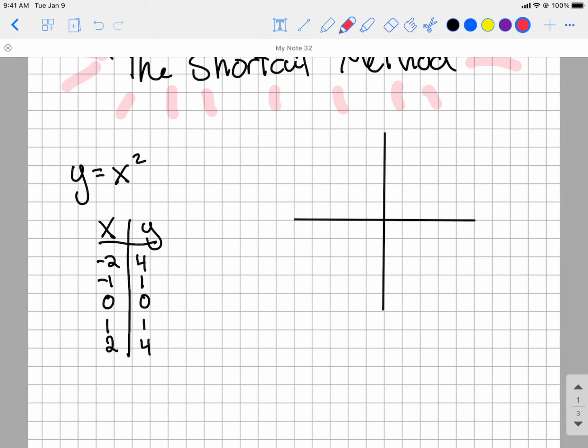So our y equals x squared ends up looking, if we draw a graph, something like this. We got 0, 0, 1, 1, negative 1, 1, 2, 4, and negative 2, 4.